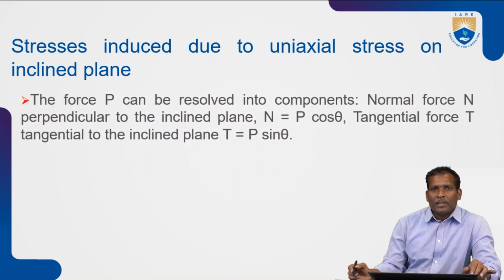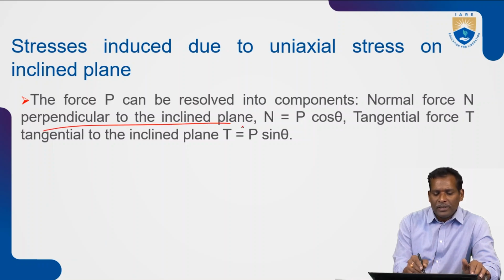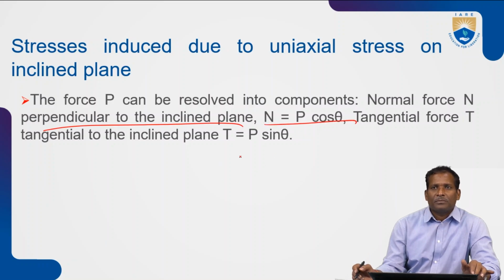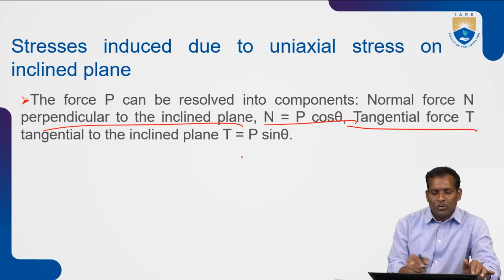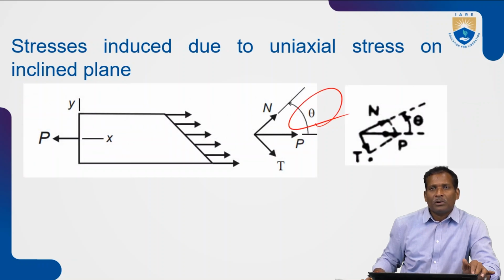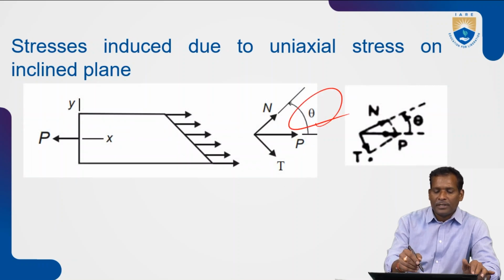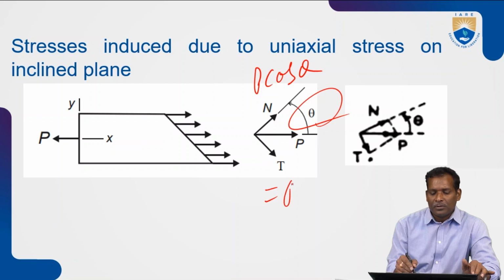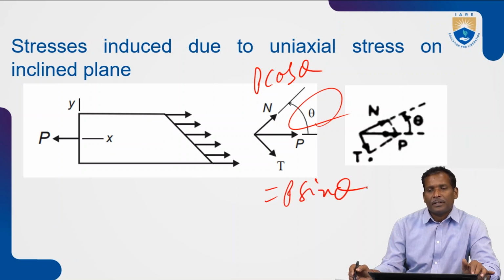The force P can be resolved into components: the normal force, perpendicular to the inclined plane, that is N. What is N? N is equal to P cos theta. And the tangential force, tangential to the inclined plane, is T equal to P sin theta.